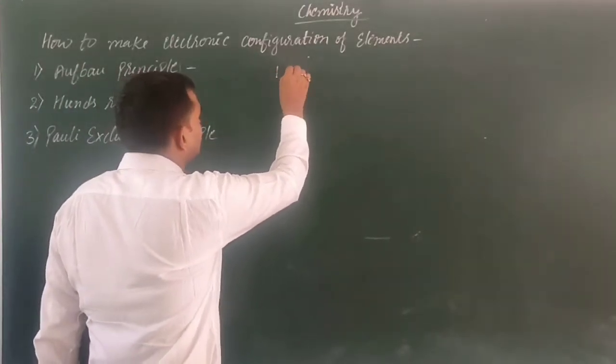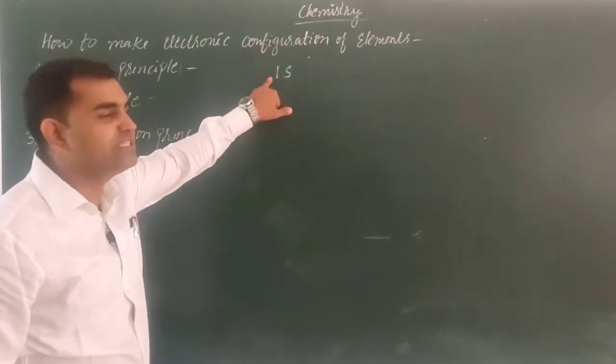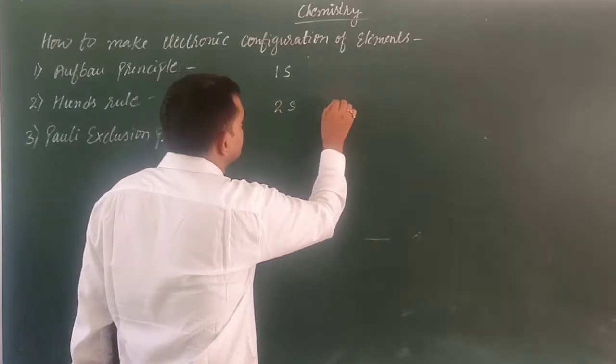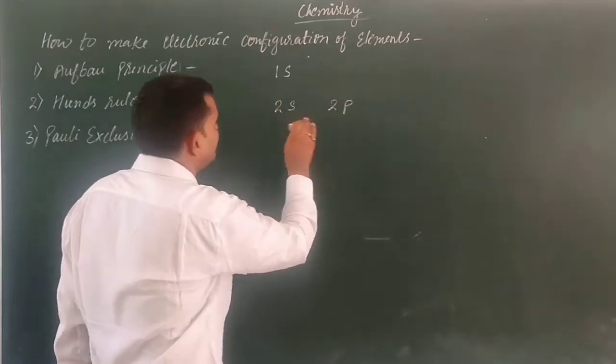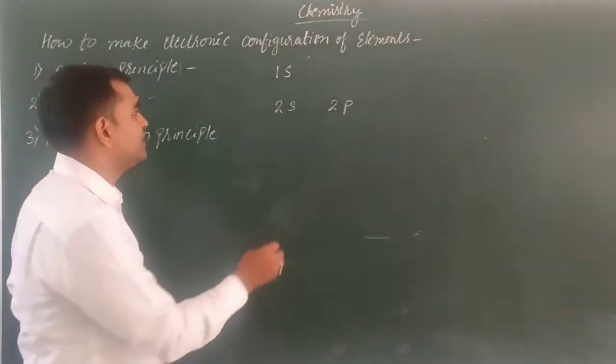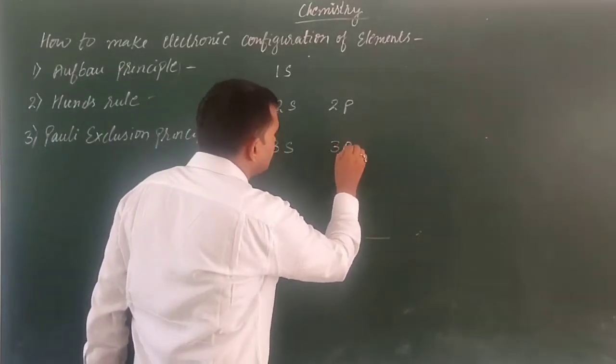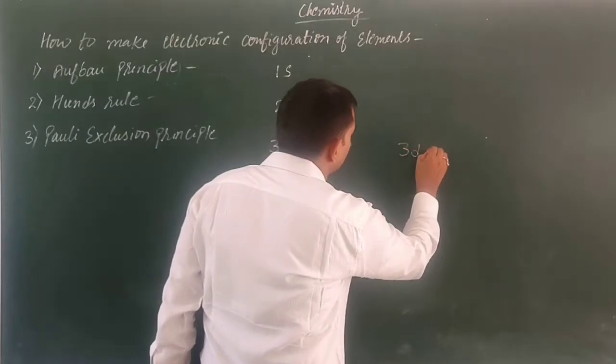Firstly, we will start with 1s because the first energy level is 1s. After that, we will draw 2s, 2p, because in the second energy level we have these two orbitals, 2s and 2p. Then in the third energy level we have 3s, 3p and 3d.